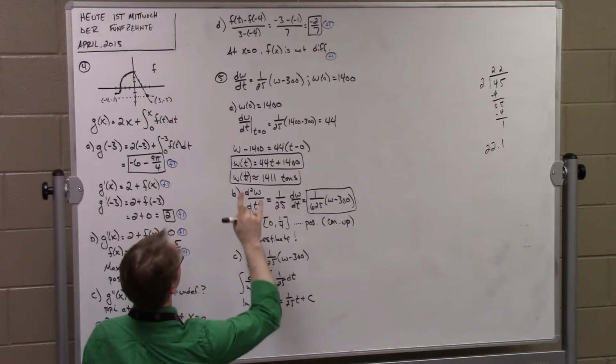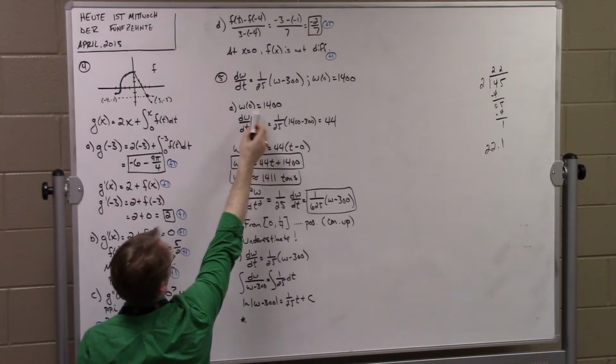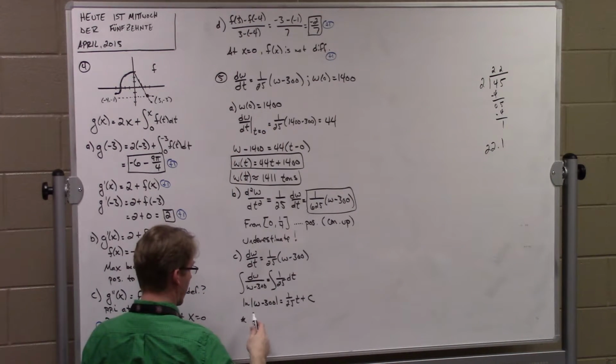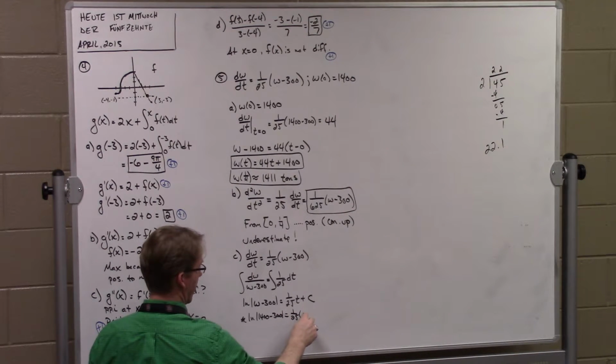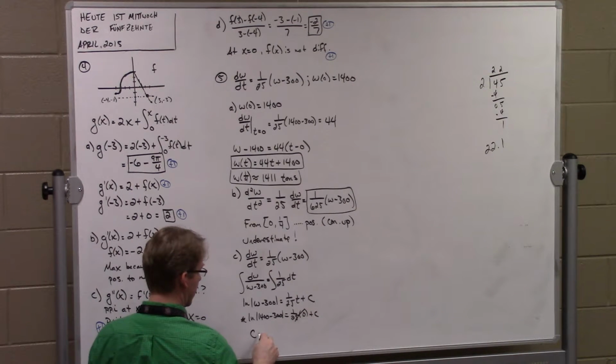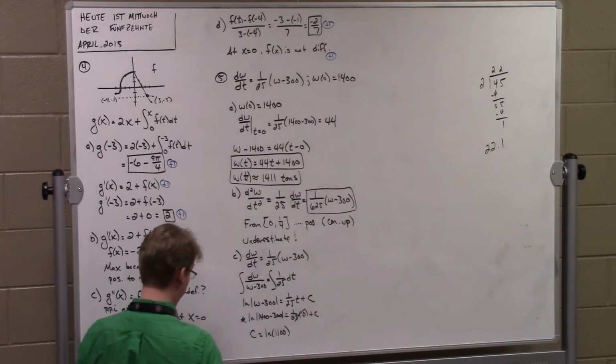I would go ahead and find plus C at this point. We know that W(0) is 1400, so natural log, absolute value of 1400 minus 300 is equal to 1/25 times 0 plus C. Gone, so we get C is equal to the natural log of 1100. Whatever that is.